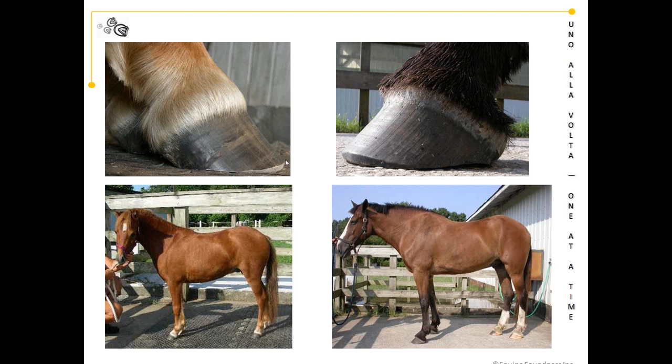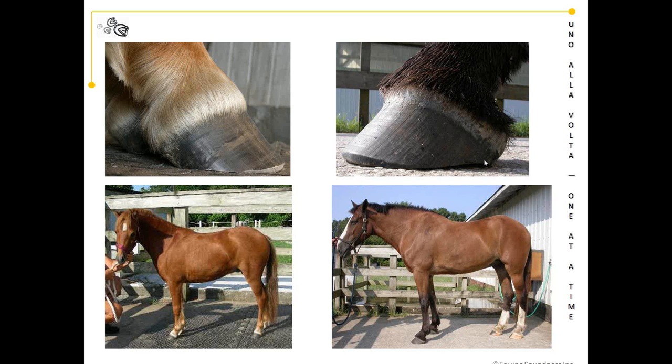I first set up this slide to show you just these two top pictures. And then I thought they will never believe me if I don't put the horses beneath it. This on the left is a mini hoof, and this on the right is a draft cross hoof.